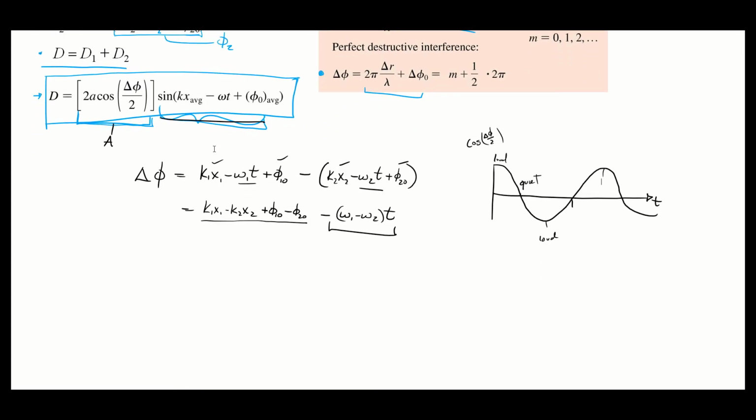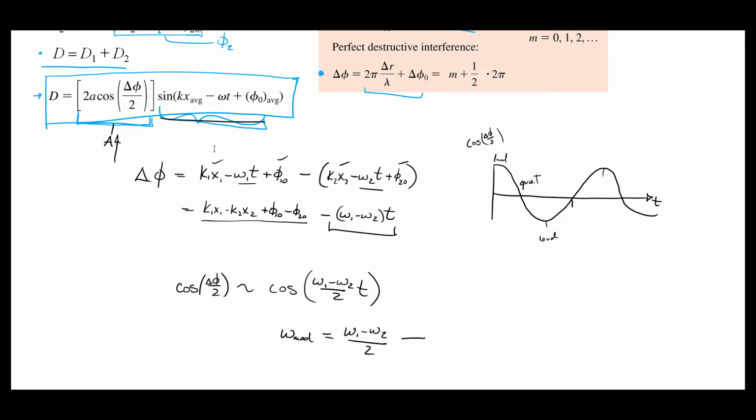So if we look at that term, we have this cosine delta phi over 2 term right here in our amplitude, and that's going to go as cosine of (omega 1 minus omega 2) over 2 times t, right? So this is going to oscillate with some angular frequency omega mod, which is (omega 1 minus omega 2) over 2.